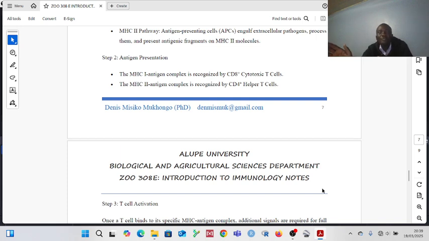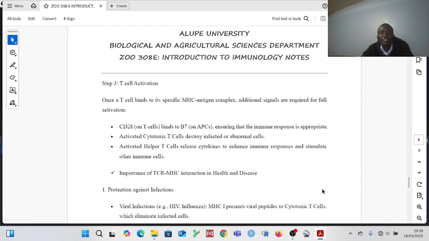That's now the presentation. Remember when we were talking of the restriction, the specificity, this is what we were implying. Now the third stage is the T cell activation.